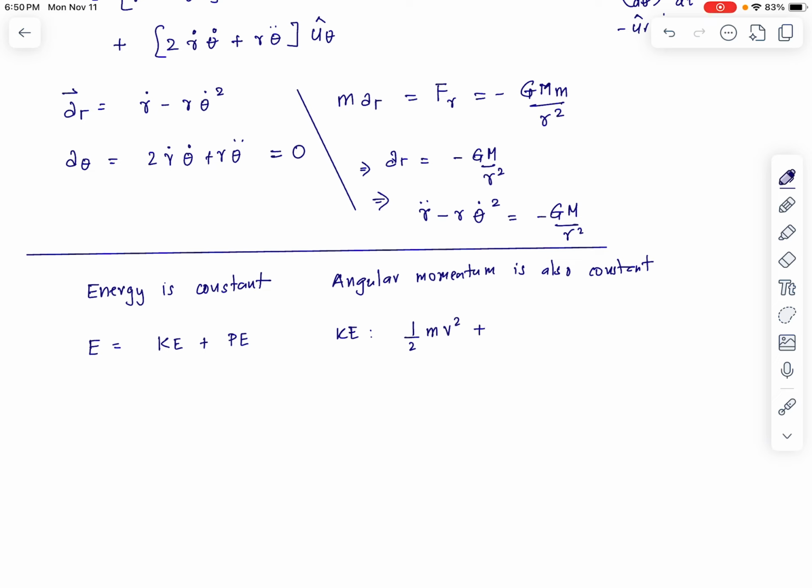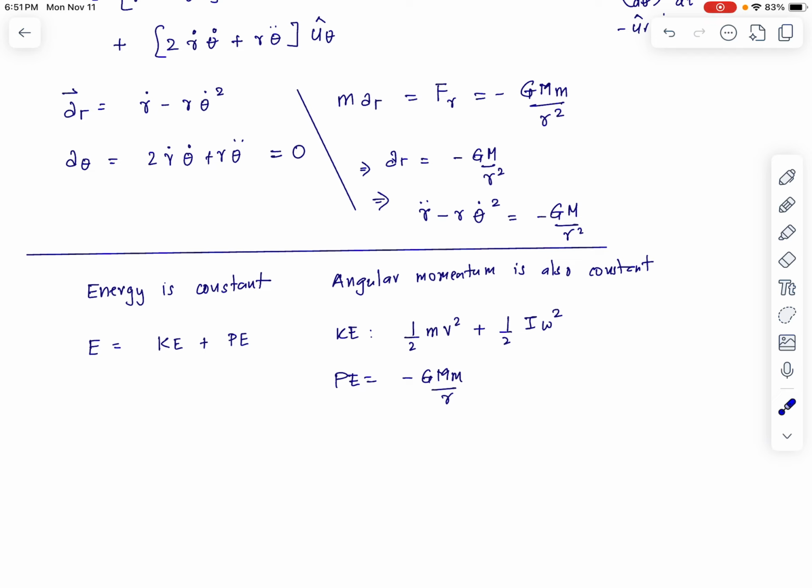Okay, so that's the rotational component, and that is half times I times omega square. Okay, so and the potential energy of the system is nothing but minus G capital M little m divided by r. Okay, so we can add these two up, right, and make that equal to the total energy of the system, which is constant.